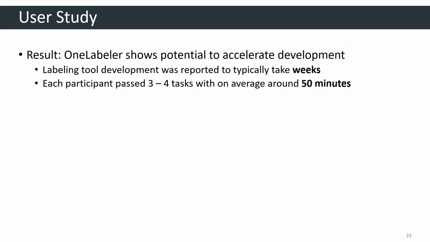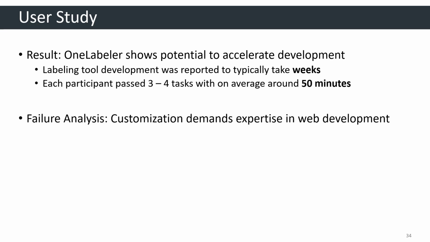Using OneLabeler, the participants developed labeling tools in around 50 minutes on average, compared to weeks without OneLabeler. Meanwhile, participants' failures are caused mainly by unfamiliarity with web development. This implies future opportunities to lower the skill barrier on building customized extensions.